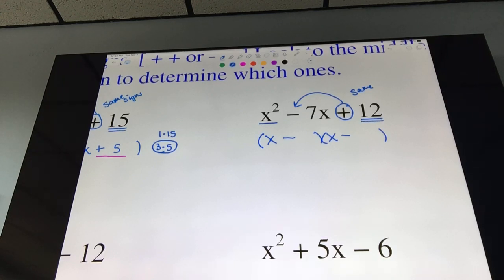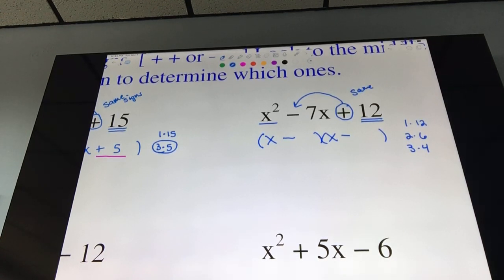And then I have 12 at the end. So 12 is either going to be 1 times 12, 2 times 6, 3 times 4, and then it starts repeating back to 4 times 3.